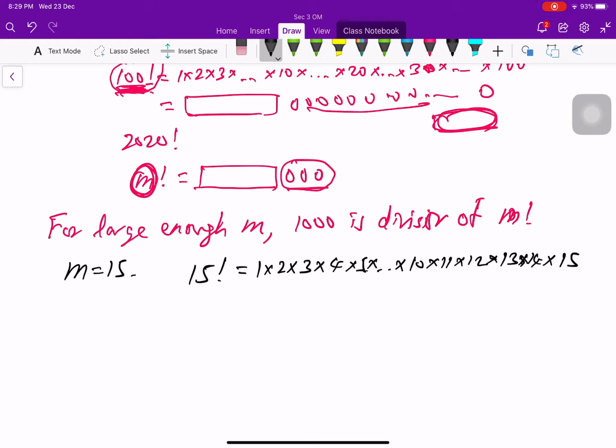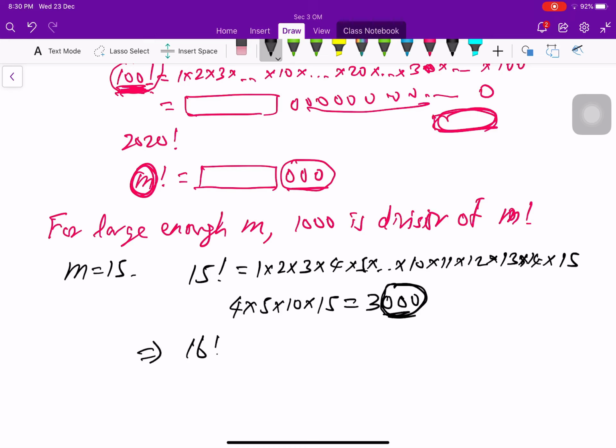Then in this case, can you see that if you look at 4 times 5 times 10 times 15, you actually get 3000 already. That means in this case, you generate the last 3 digits to be 0 0 0.